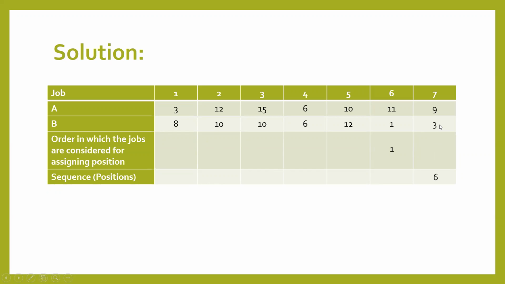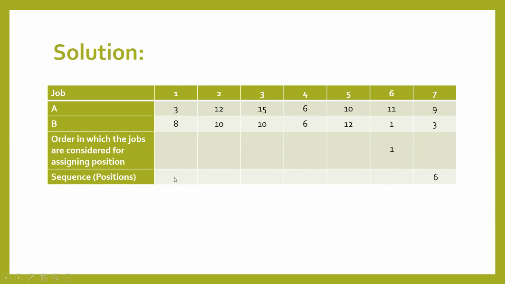Because this is B, it goes in the last slot available at the end, so this will be job 7 here. Because this one is on machine number A, it will be at the beginning, so job 1 will come here.